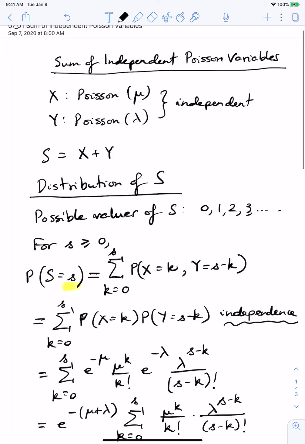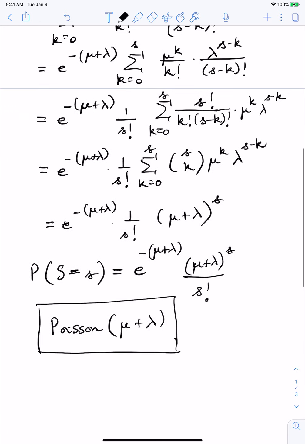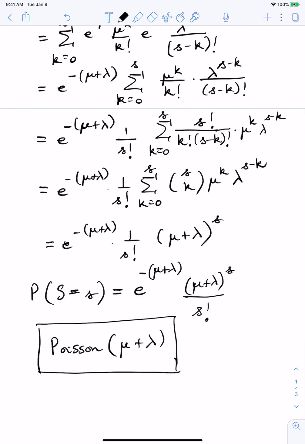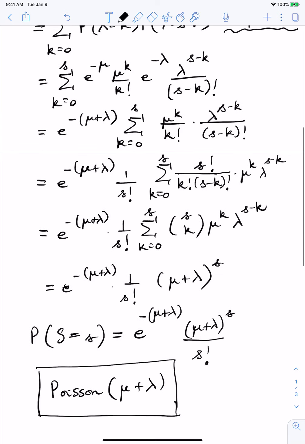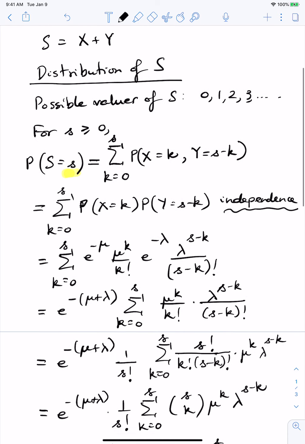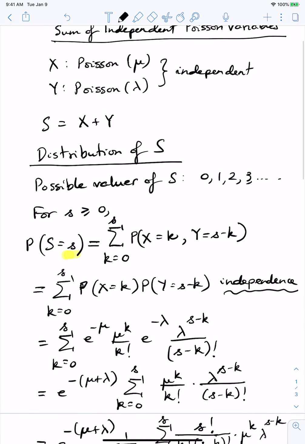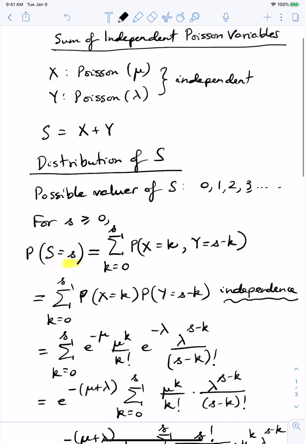X has Poisson distribution with parameter mu, Y is Poisson lambda. So X is going to put a bunch of probability at mu, Y is going to put a bunch of probability at lambda. It makes all kinds of sense that S, the sum, should put its probability at mu plus lambda, and we'll have a much more precise way of looking at this very shortly. The main thing to note is that you started out with X, a Poisson variable, Y, a Poisson variable, and you added them up.